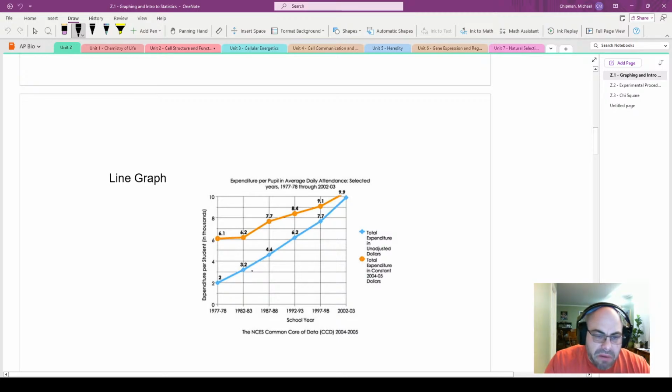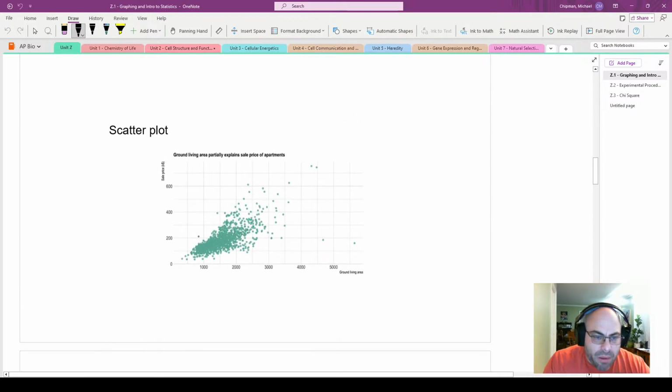Whereas if it was a bar graph, it would be pretty useless to do that, right? And so a line graph is going to be used anytime there's a progression, anytime there's growth, anytime there's a constant moving thing. Whereas a scatter plot is going to be used anytime the variables are seemingly unrelated to one another. Like this one is sell price and ground living area. Who even knows? But yeah.